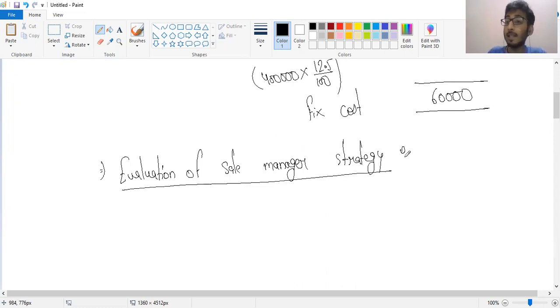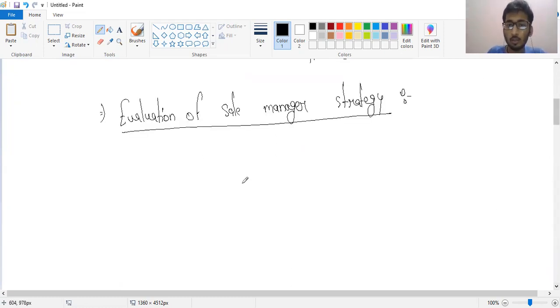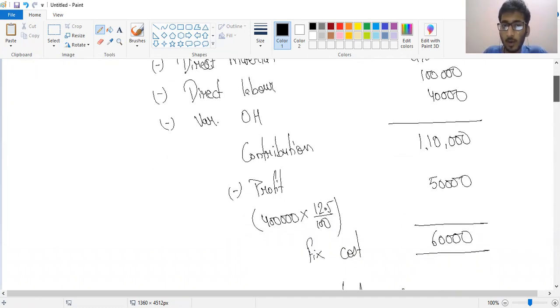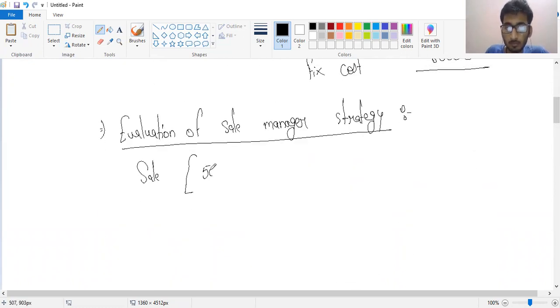So let's evaluate the sale manager strategy. Okay, so how will we evaluate? As per the sale manager strategy, my current sale given to me is 5 lakh. Now, what is the sale manager saying? If I increase the volume of sale by 10%, I make it 110.